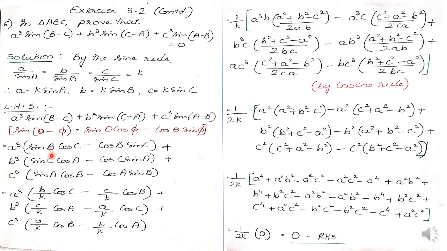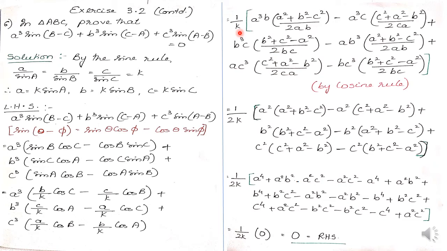In the next step, sin B is written as b by k, sin C is written as c by k, and similarly sin A is written as a by k. Then we modify these terms by putting the sine values from the sine rule, and then we observe that 1 upon k is common for all the terms.